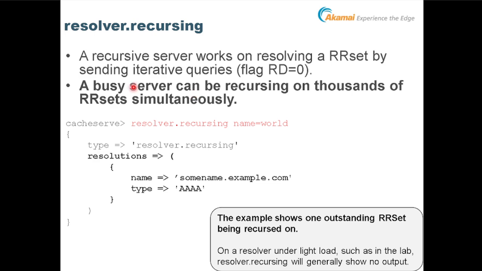But if you want to see which names the server is working on when you have some non-zero recursions happening, that can be useful because it will tell you what the DNS traffic looks like.